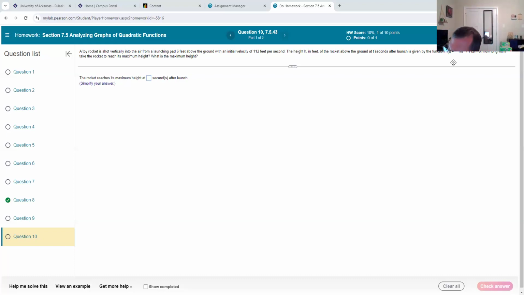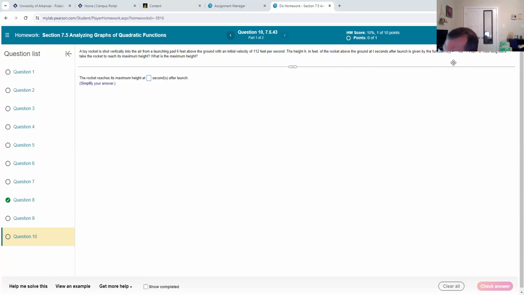Okay? So what they want to know is the maximum height. First they want to know how long it takes to reach maximum height. That'll be the x value.